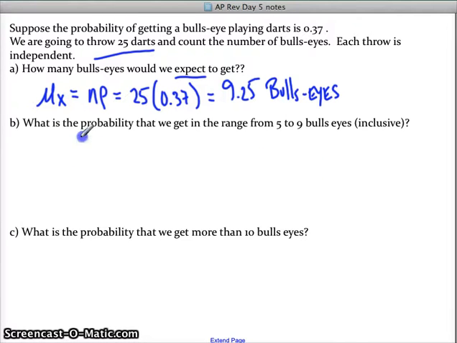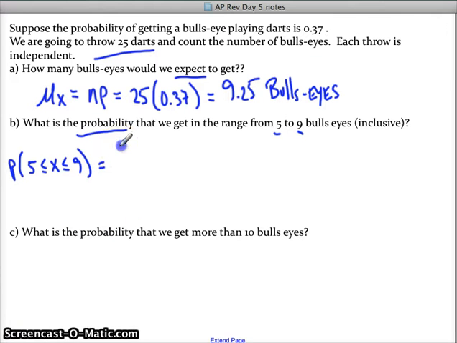Okay, now we're going to do a probability problem. What's the probability that we get in the range from 5 to 9 bullseyes, inclusive? So that means from 5 to 9. Okay, so if I write it out, 5 to 9 would look like that.